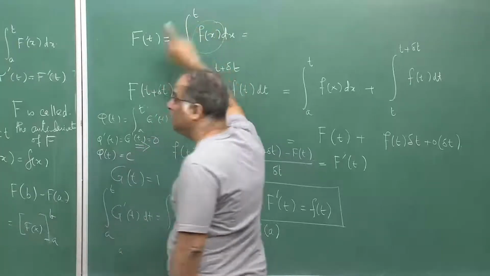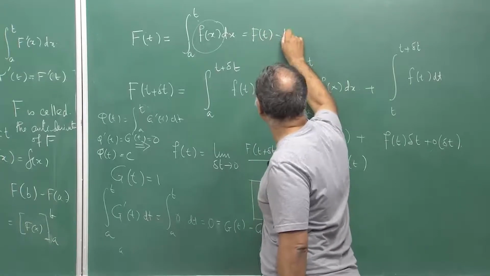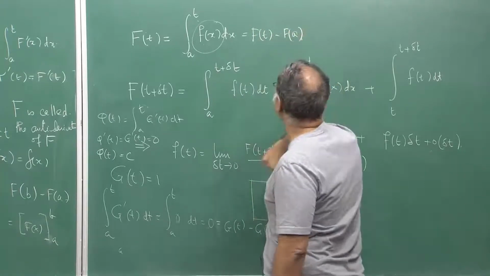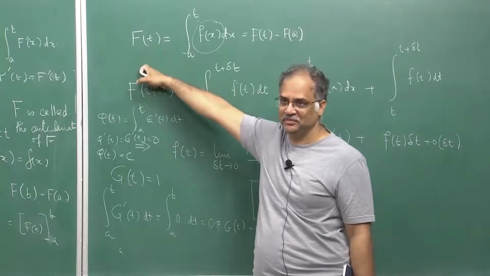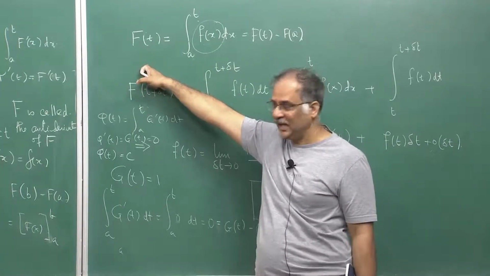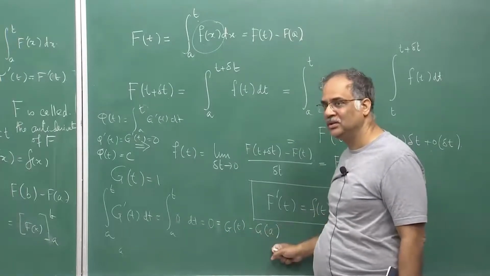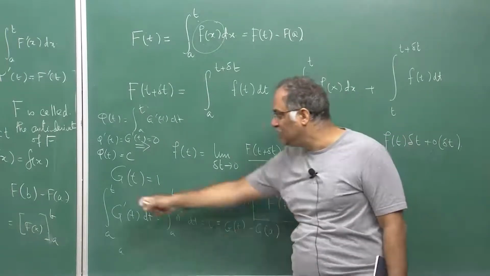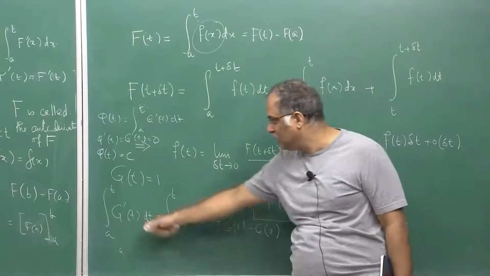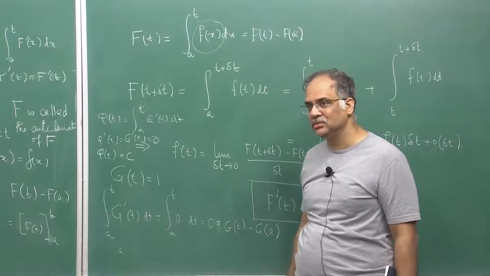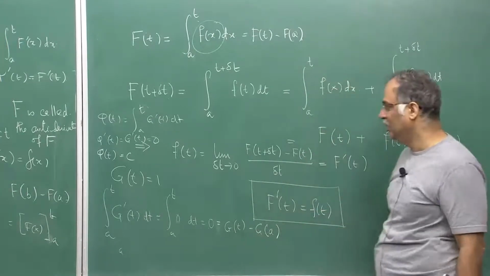F of a here is 0. So this is actually f t minus f a. This is the hidden fact that we have written, and that is why you wonder, okay, what's happened? Why is g t not this? Well, g t is 1, but here my integral is 0.